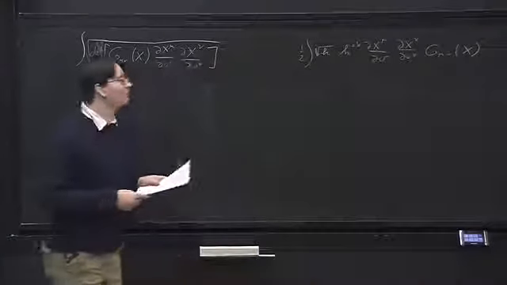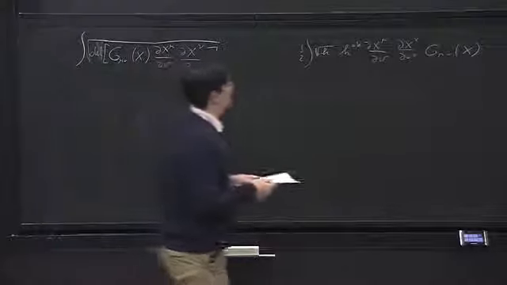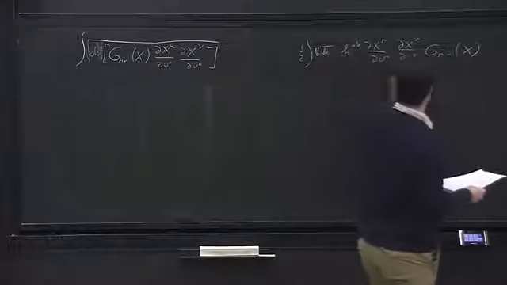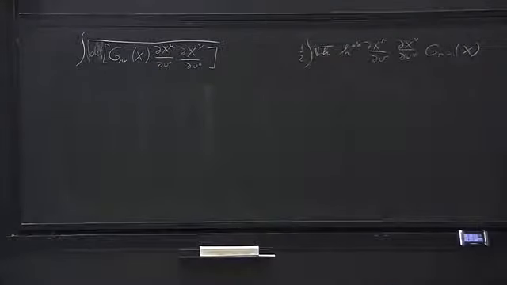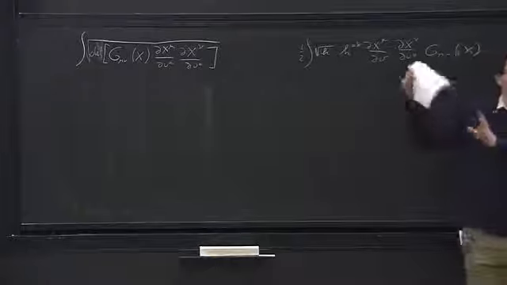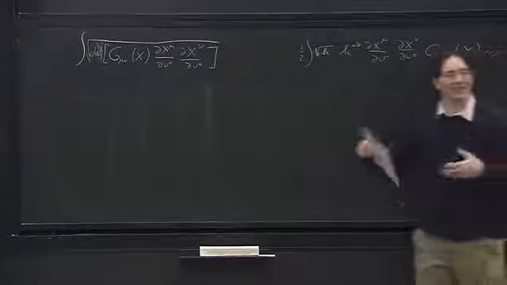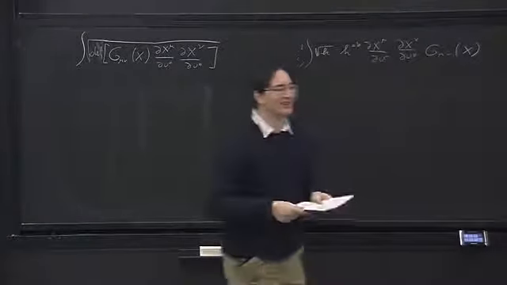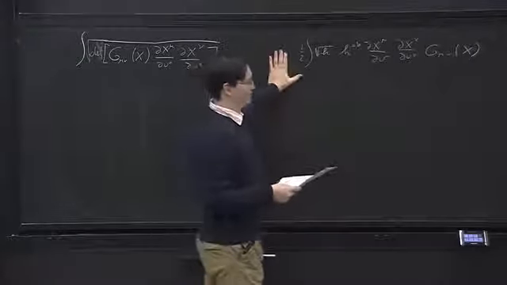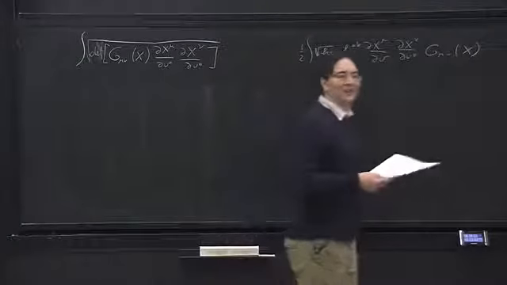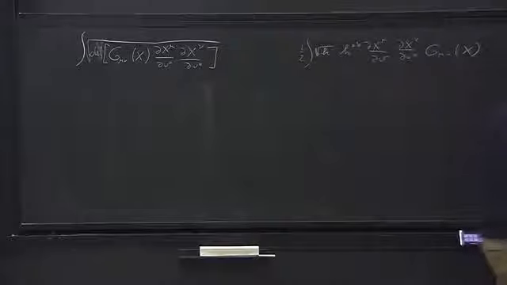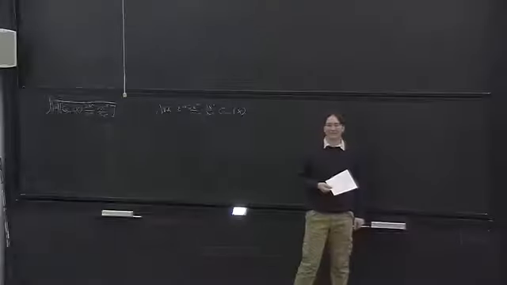So what's going on? Well, the point is that although this action is classically Weyl invariant, quantum mechanically it's not. And it's not the usual problem of the 26 dimensions. There are further problems here, because this is not a free theory, it's an interacting theory. It's actually not even scaling invariant quantum mechanically.